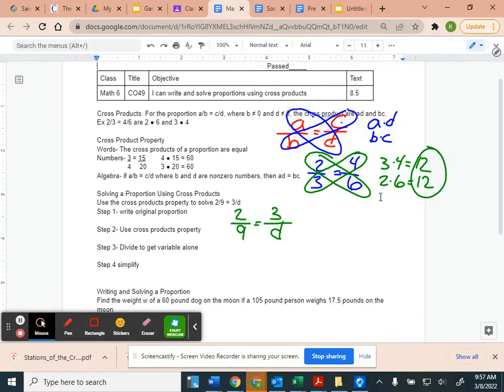So the first thing I want to do is to get the variable alone and then simplify. If the D is on the bottom, how do I want to do that? If I want to get the D to the top, I'm going to multiply by D. So now it's 2D over 9 equals 3. So now I'm going to multiply by 9.